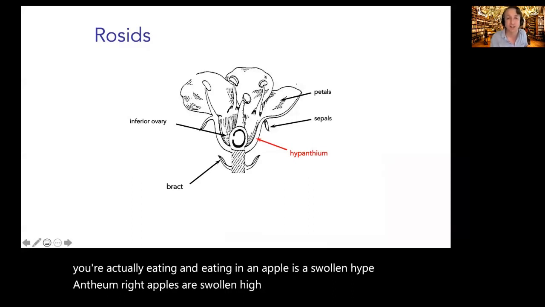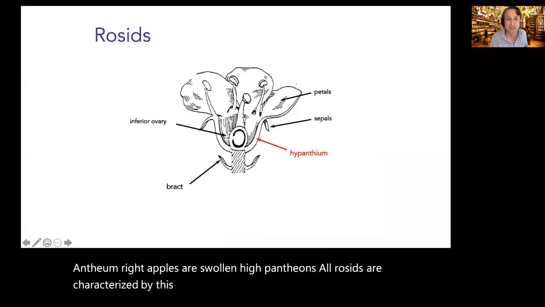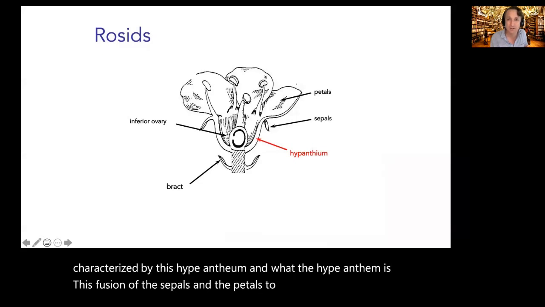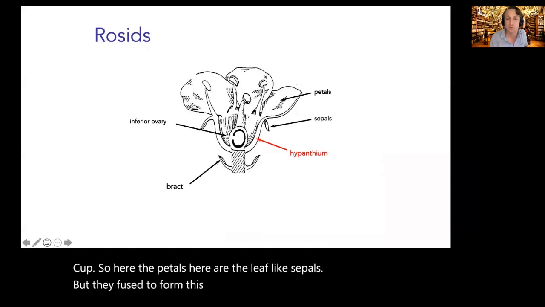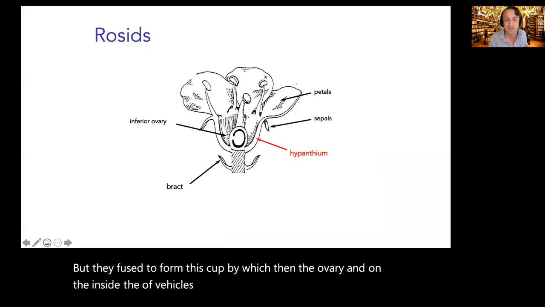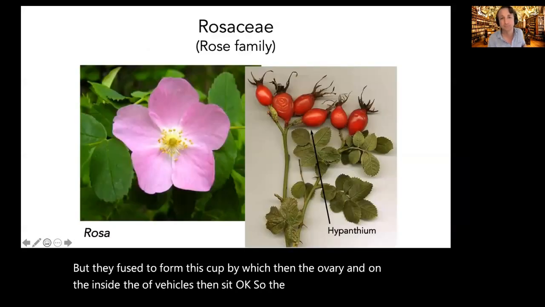All rosids are characterized by this hypanthium. The hypanthium is this fusion of the sepals and the petals to form this cup. So here are the petals, here are the leaf-like sepals, but they fuse to form this cup in which the ovary and on the inside the ovules sit. Okay, so the hypanthium is this cup.